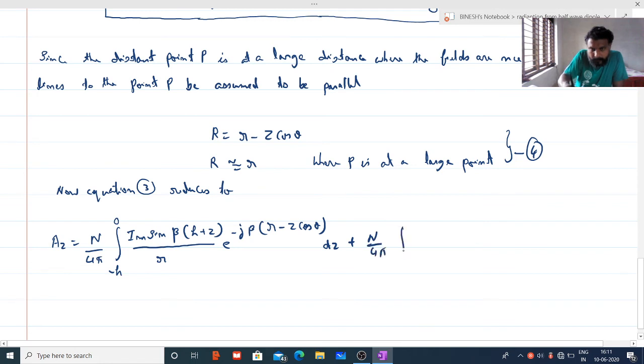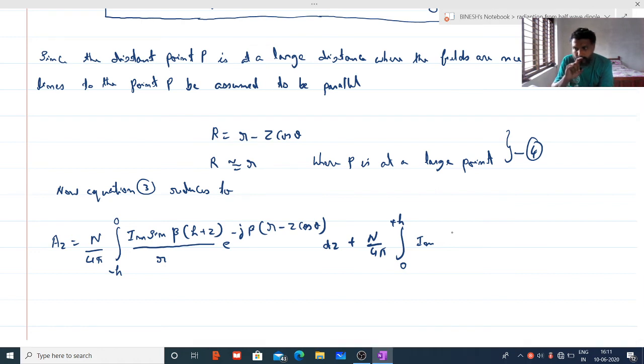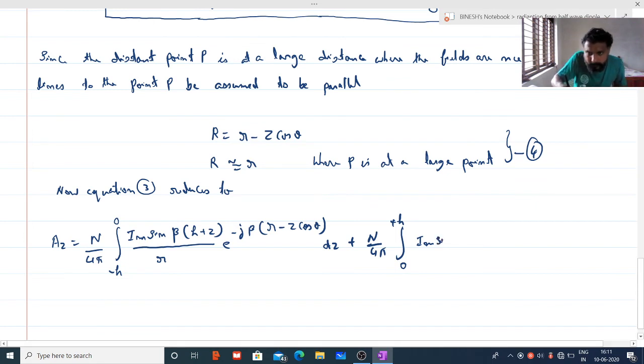mu by 4 pi, integral from 0 to plus h, Im sin beta (h minus z) divided by r into e raised to minus j beta (r minus z cos theta) into dz.